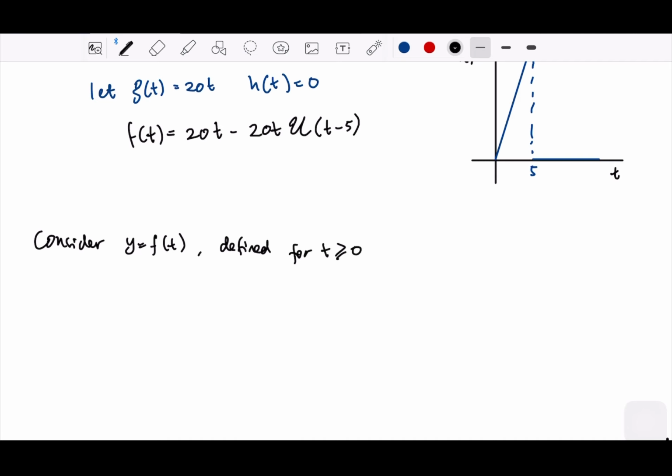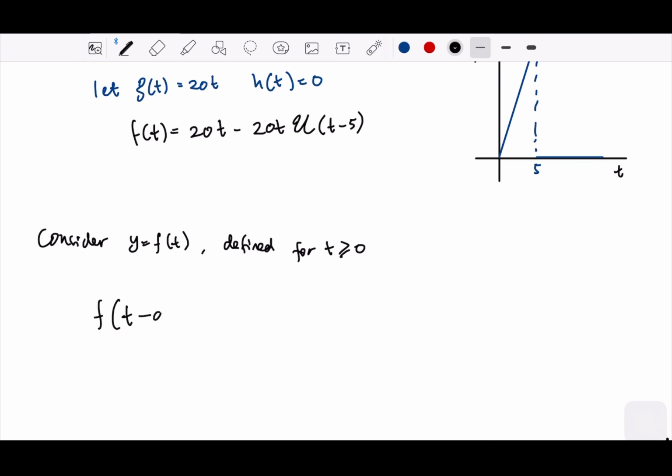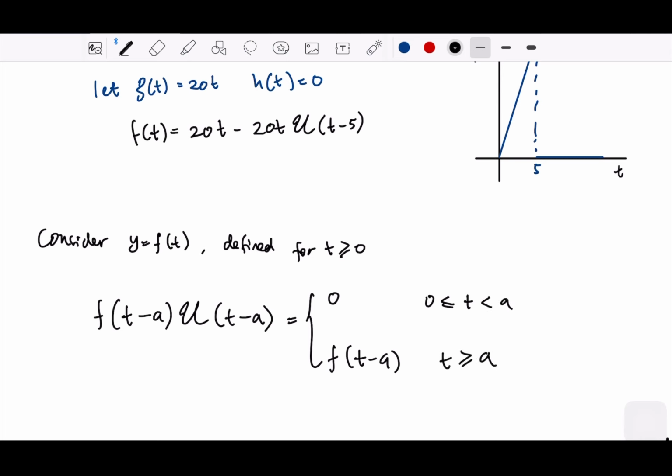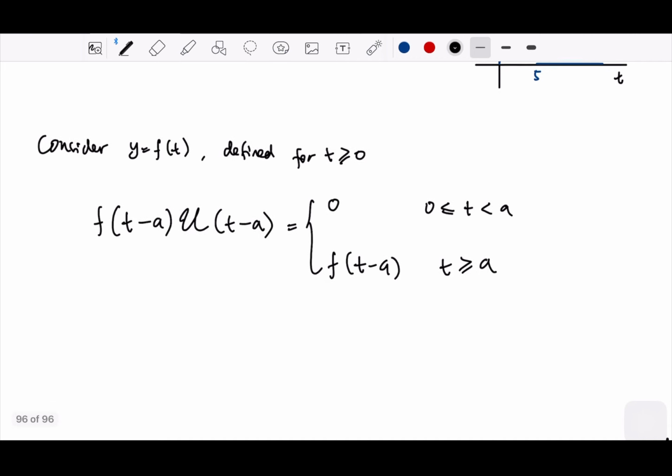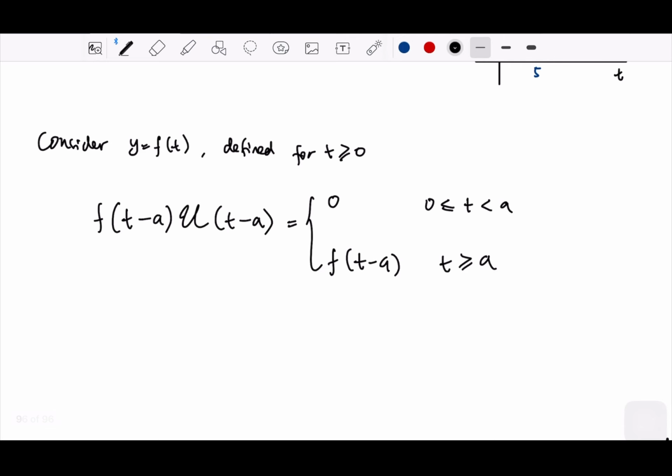We could write f of t minus a times the unit step function t minus a, which will be equal to 0 for t less than a, and f of t minus a for t greater than or equal to a. This plays a significant role in the next discussion.